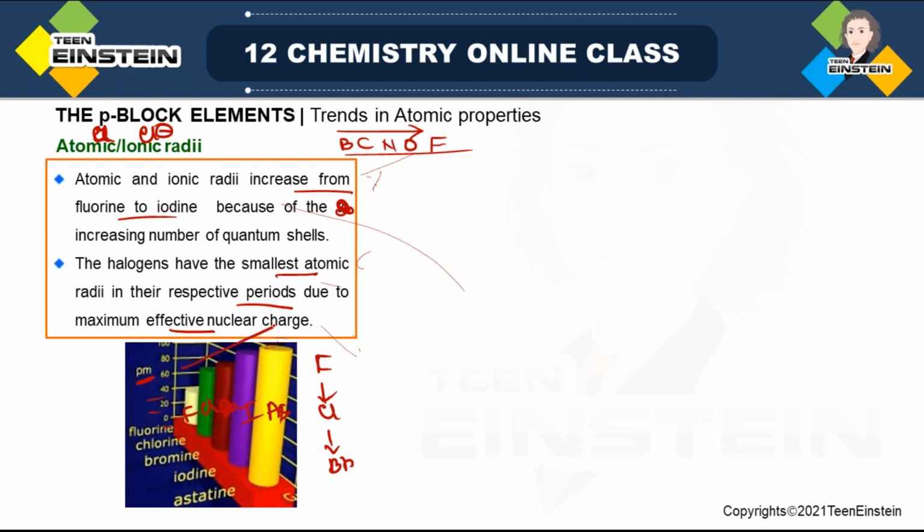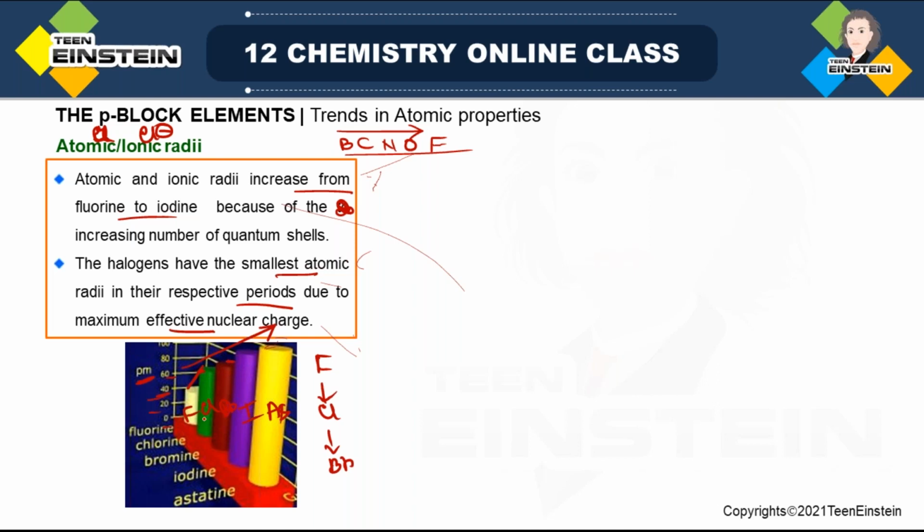Now there is an increase, though one thing is noticeable here: the first difference, that is the difference between F and Cl. See, this is 40. Chlorine is around 60. So the difference is 20 picometer. But when you are moving from chlorine to bromine, it is around 60 something, and it is 80 something.